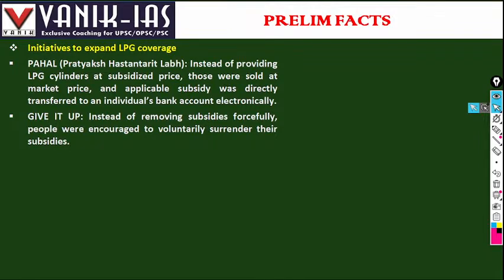Instead of removing the subsidy forcefully, people are encouraged to voluntarily surrender their subsidy, those sections who can afford their gas.